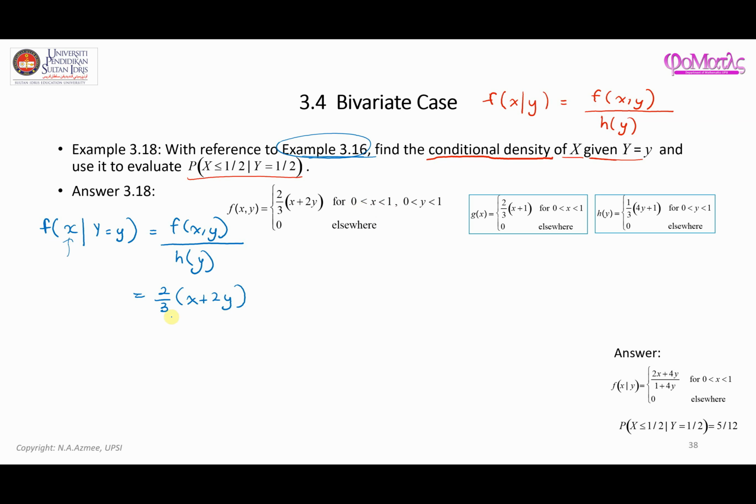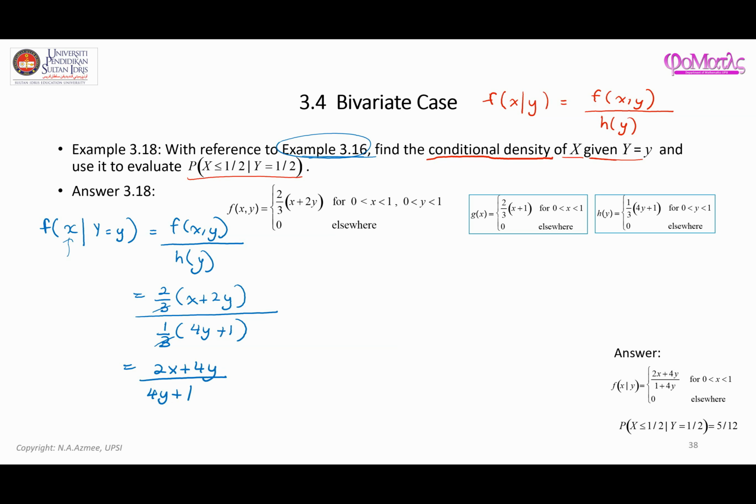At the bottom part is the marginal density, so we plug in this expression: 1 over 3 times (4y plus 1). Clearly the 1 over 3 can be cancelled out, and so what we have is (2x plus 4y) over (4y plus 1).